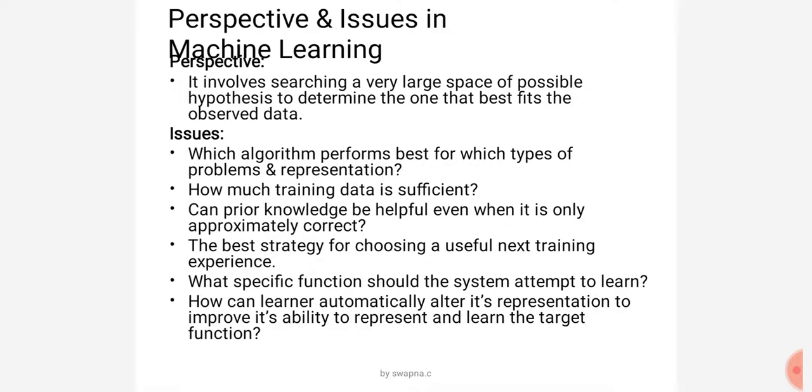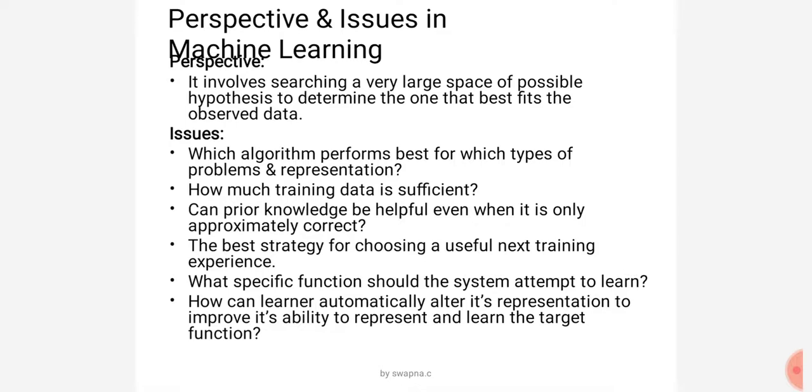And what are the issues in machine learning? Which algorithm performs the best? For example, there are different types of algorithms for adjusting the weights. We specified the least mean square algorithm; like that, which algorithm performs the best, and for which type of sub problems and representation.